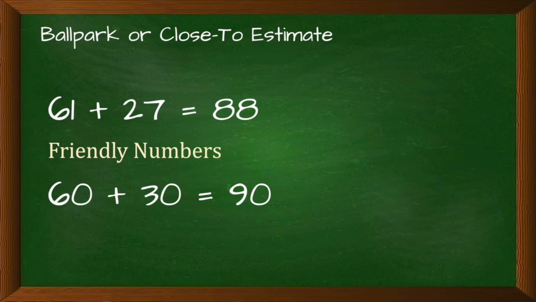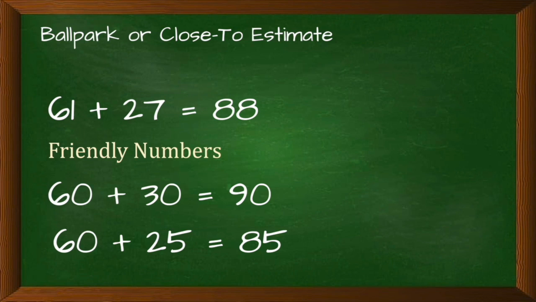It looks like it is. I'm thinking 88 might be pretty reasonable. Some of you might have seen that 60 plus 25 would have worked too. 60 plus 25 is 85, and that's pretty close to my estimate of 88. I'm feeling pretty good about how reasonable that answer is. It seems to make sense.